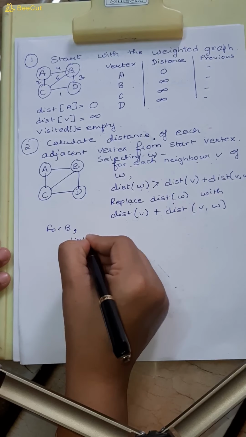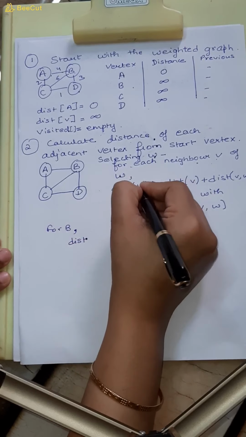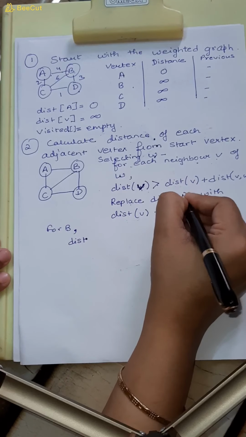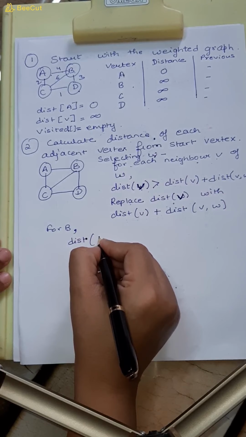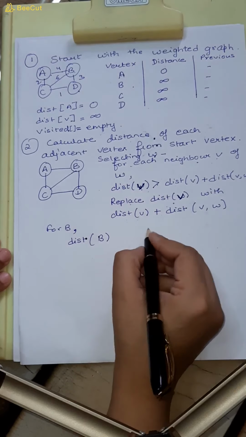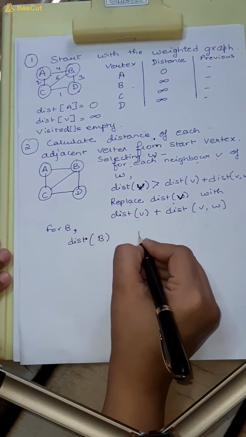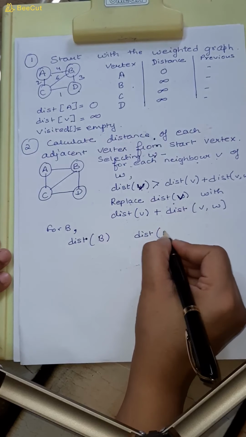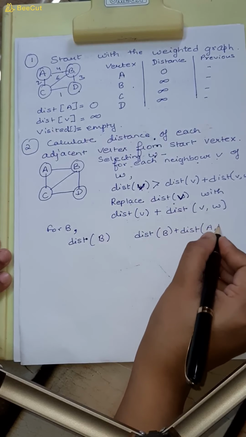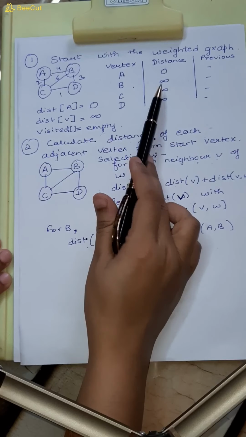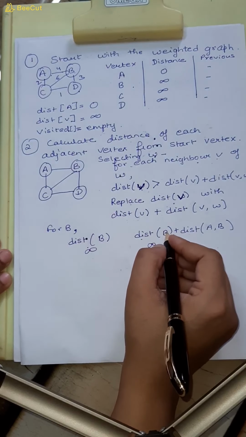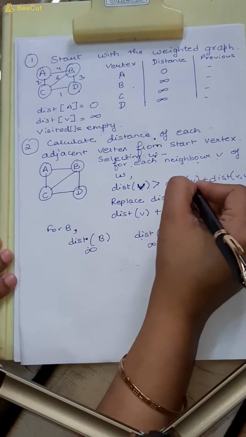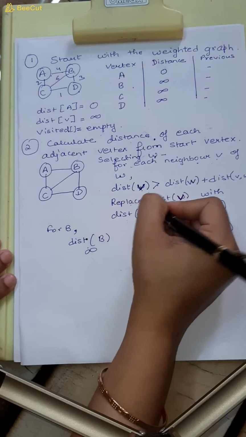So the distance of B you have to check with the distance of W plus the distance from W to V, that means from A to B. Now the distance of B in the table is given as infinite. Sorry, it was my mistake.